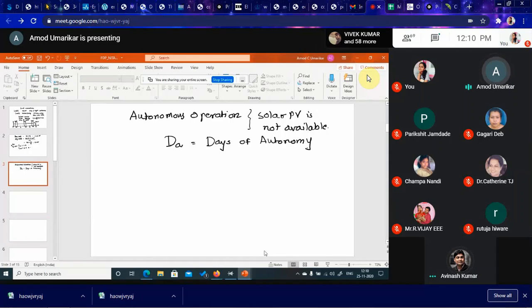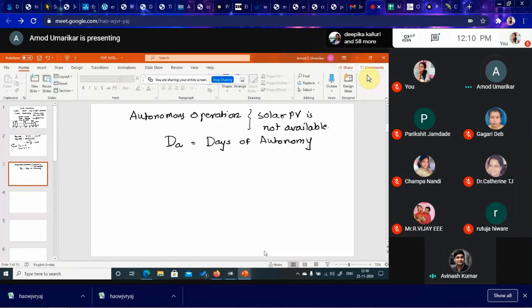Once solar PV is not available, who will supply? The battery will supply the load for the days of autonomy. So obviously, during the days of autonomy the full battery will supply the load.